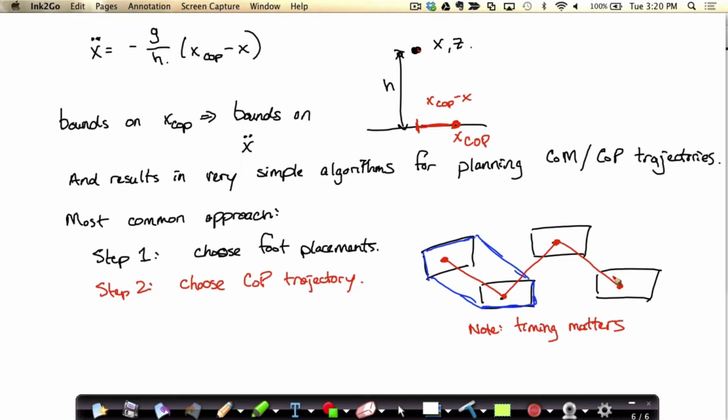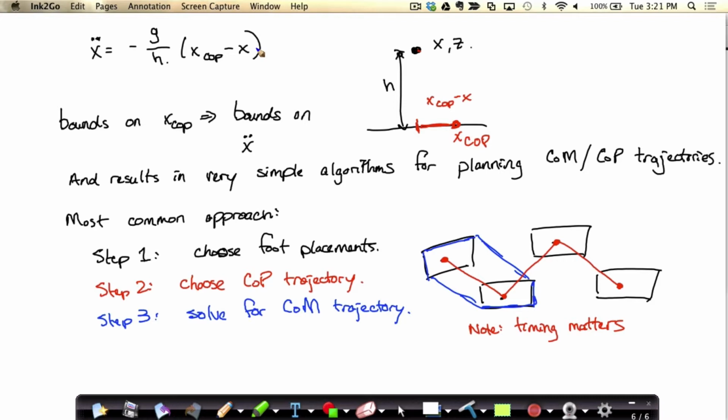Okay? And then what I can do after that, once I have a center of pressure trajectory, is integrate these dynamics forward to come up with my center of mass trajectory. Now, if I know the center of mass at time 0, I can just differentiate the second order equation and solve for my center of mass dynamics.